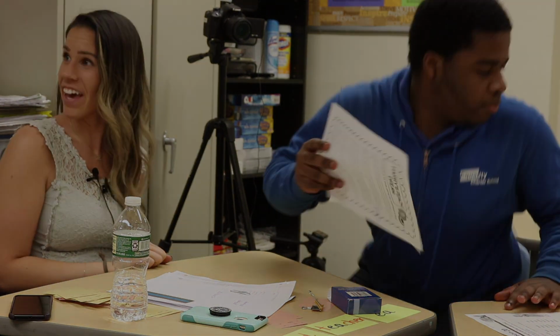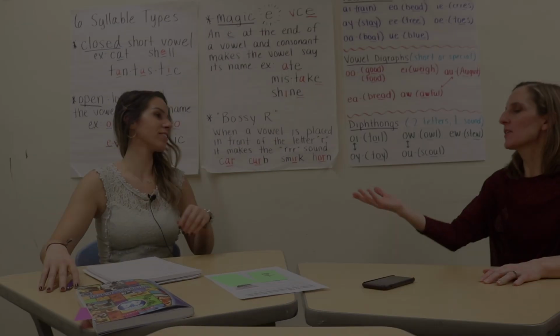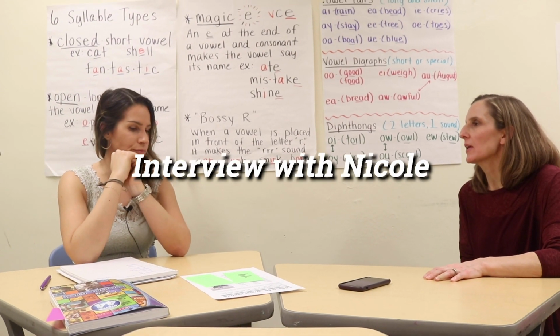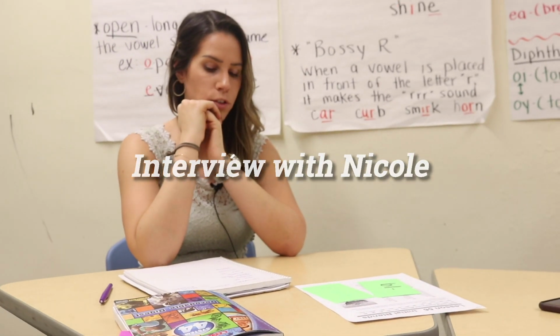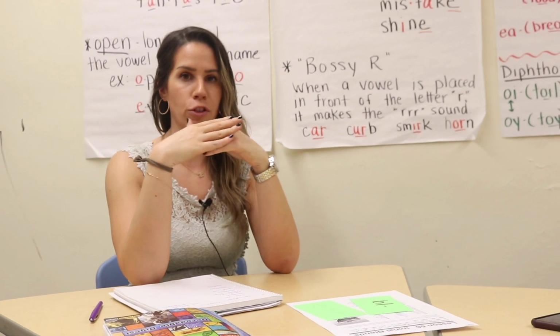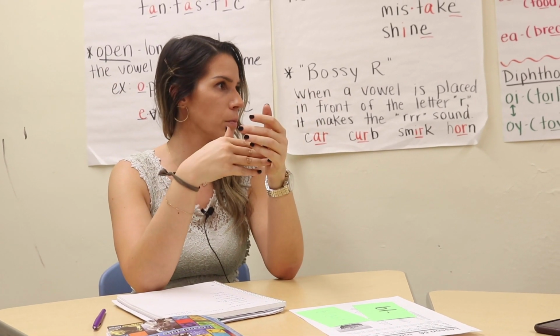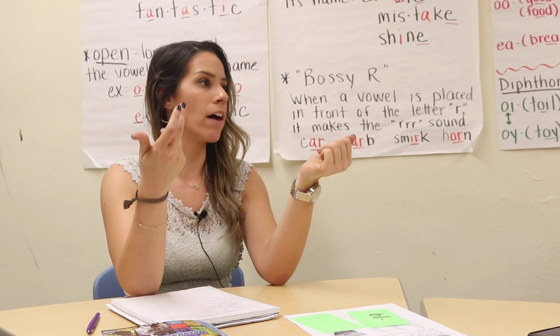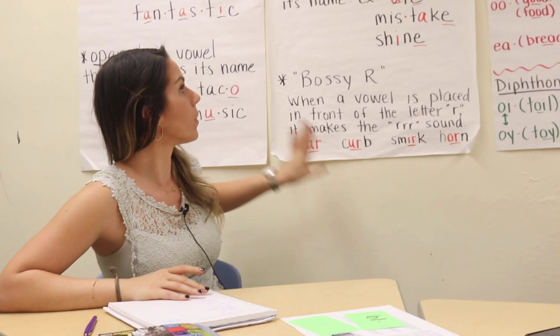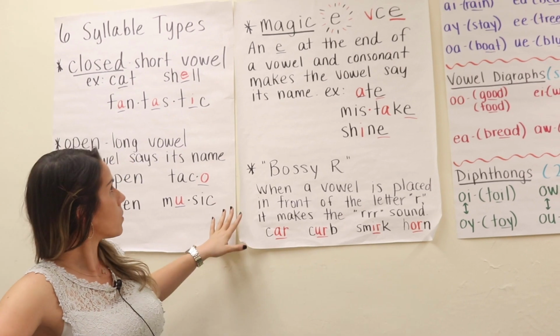Tell us about your RISE lesson planning. So when referring to what I'm going to teach and when I'm going to teach it, I'm referring to the 6 syllable types. So far with my group, we have done all 6. When we go over a syllable type, I like to add it.